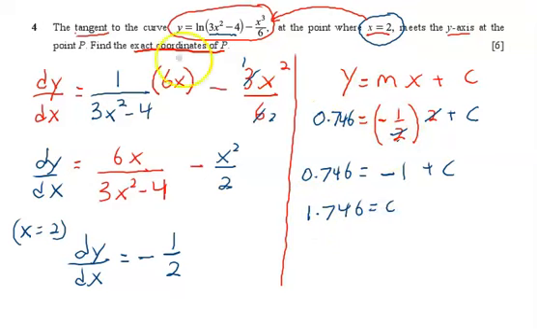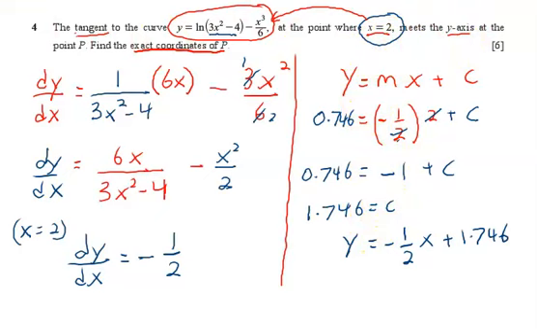So your equation is y equals minus 1 over 2 x plus 1.746.